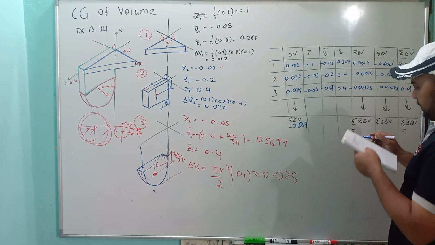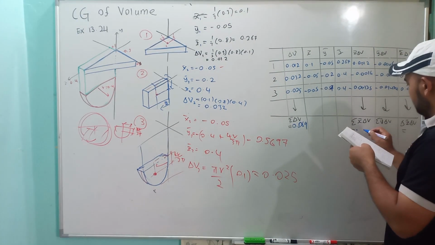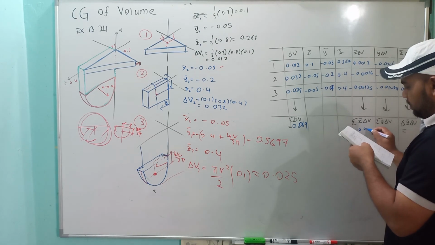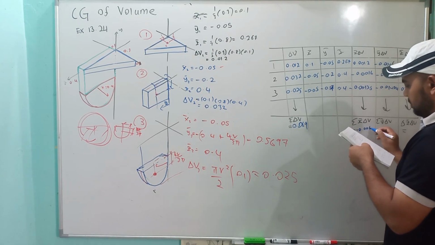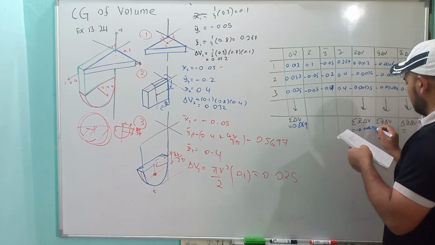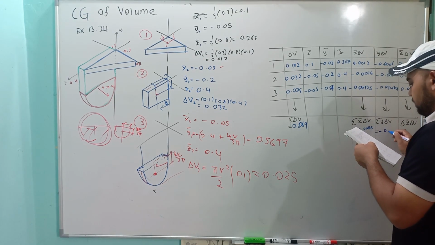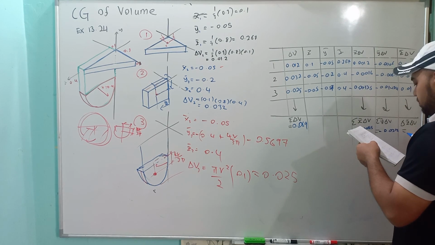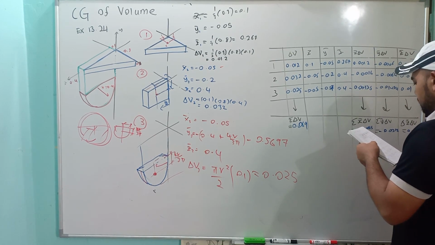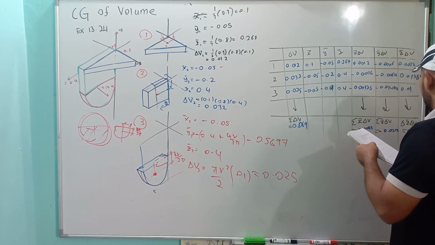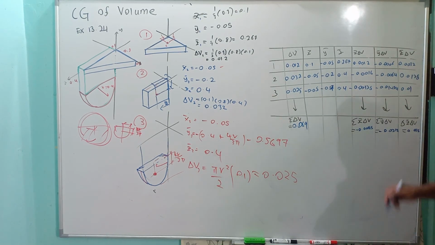And lastly, negative 0.00165, negative 0.0212, 0.026.